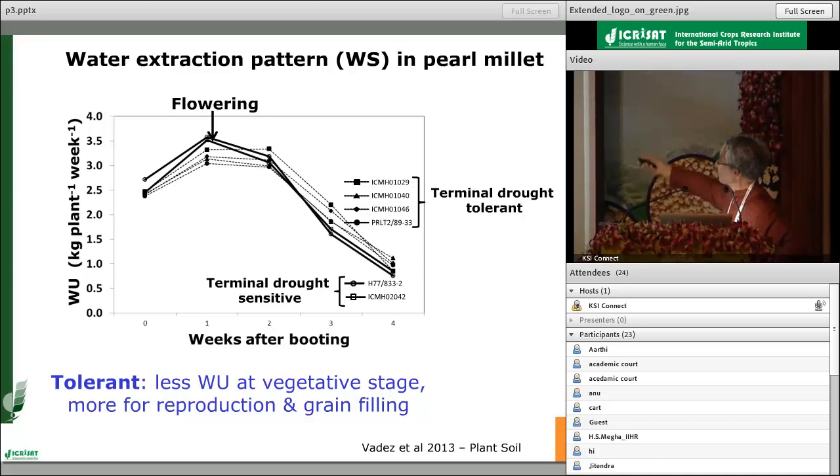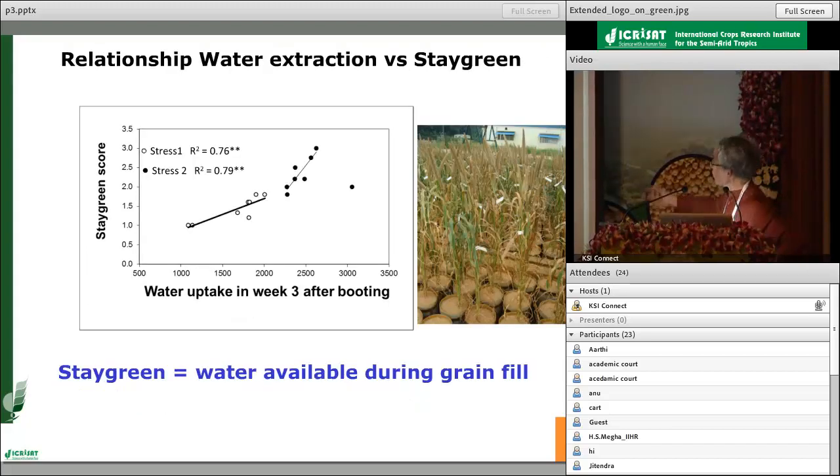And so if we do a bit of regression analysis between the water extracted here and a stay-green score, for example, we find the same thing in the field, of course. So stay-green score is strongly related to that water extracted. So stay-green is really a consequence of having water available during week 3 after the stress imposition.